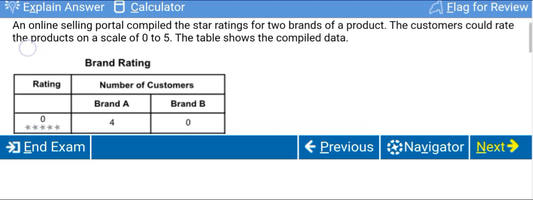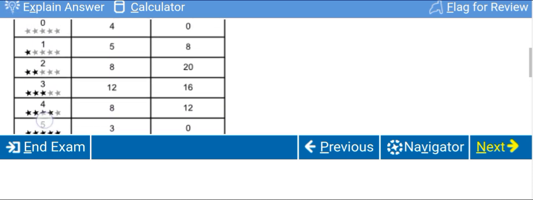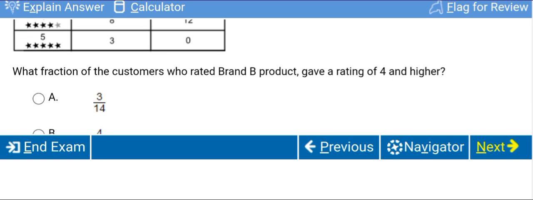Again, we have the same question statement with the same data given in the table, as you can see here. And the question is that what fraction of the customers who rated brand B product gave a rating of 4 and higher?